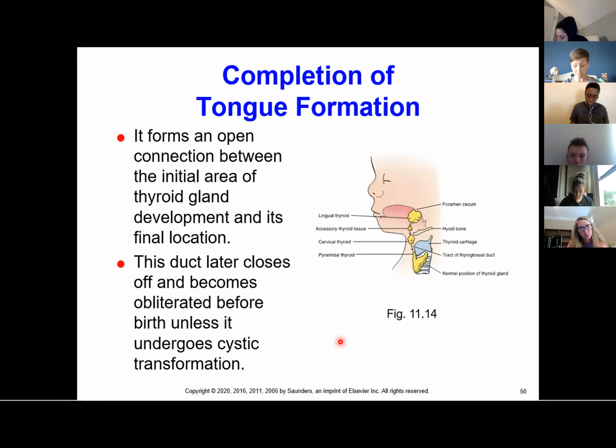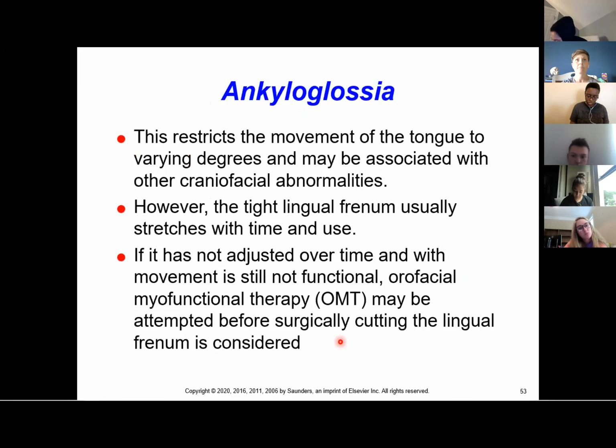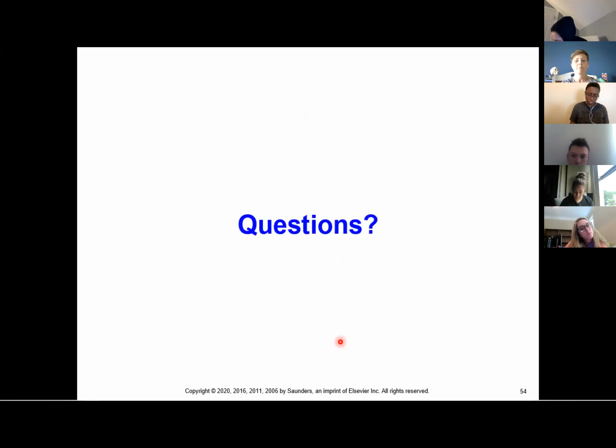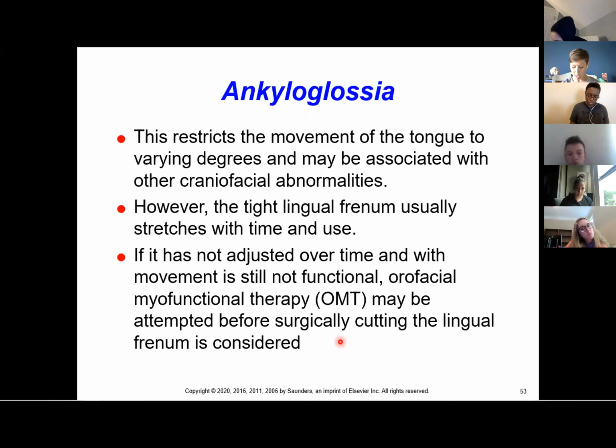Abnormalities of the tongue are uncommon. One of the more common is ankyloglossia, which is tongue-tied. I already discussed that, and it may be associated with other craniofacial abnormalities. So most of the time it's not just that, they could have other issues.